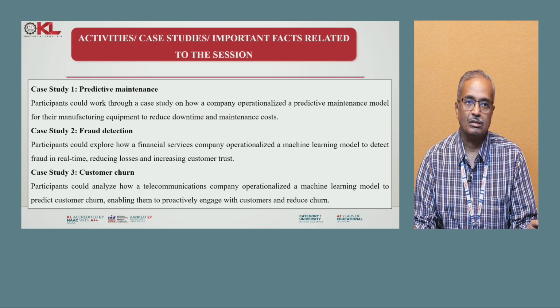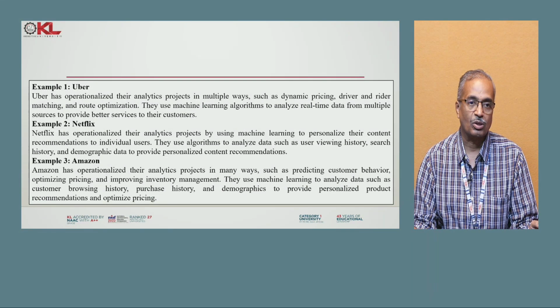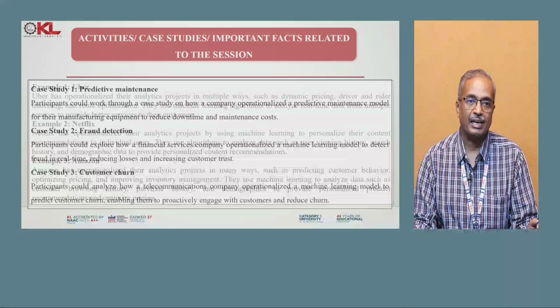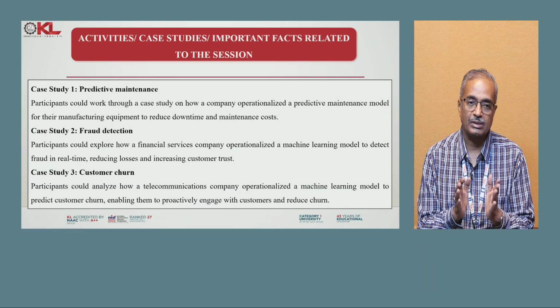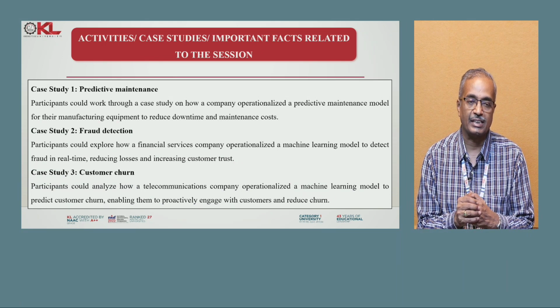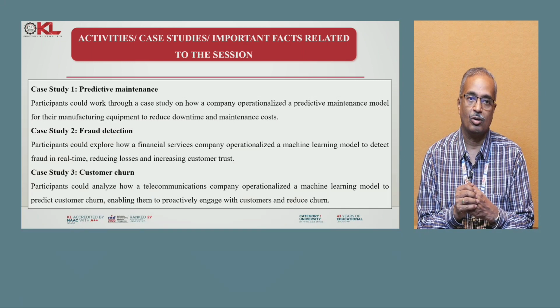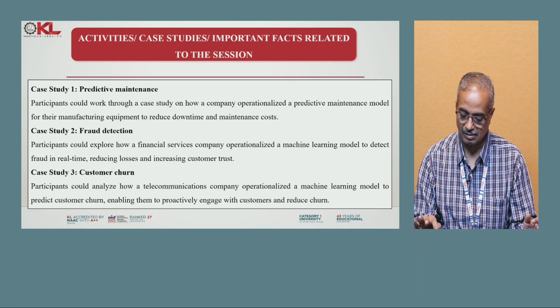So these are the case studies we have. One is predictive maintenance, the second is fraud detection, the third is customer churn. By using these case studies, we will get awareness and also a grip on the problem solutions.